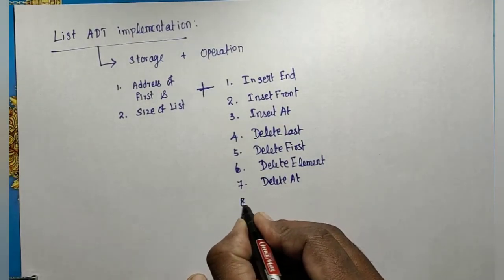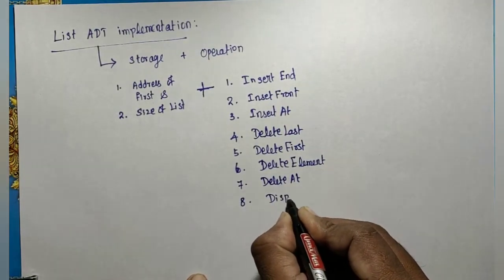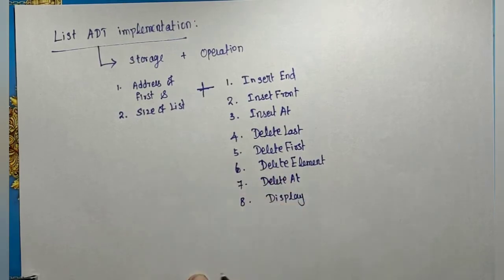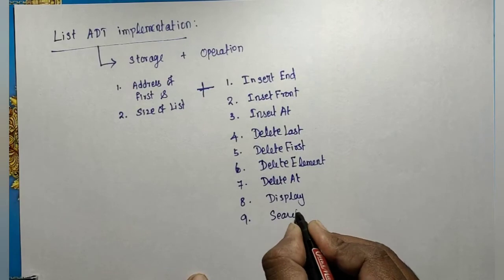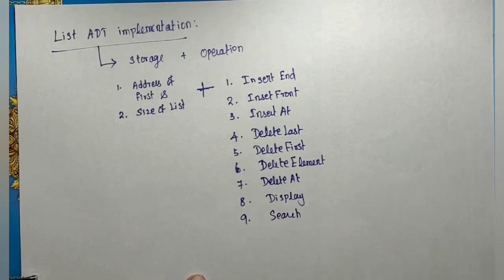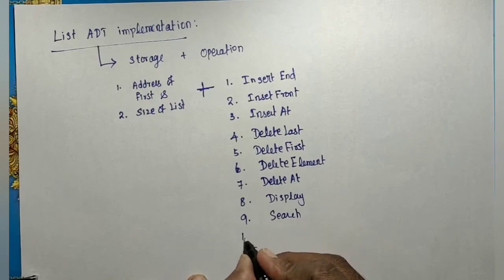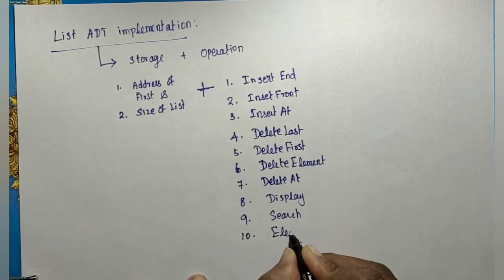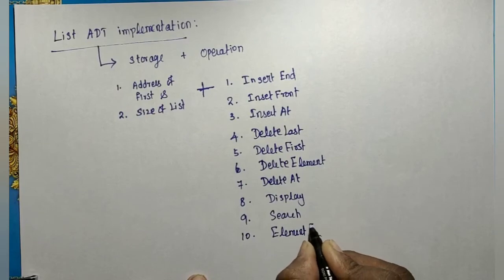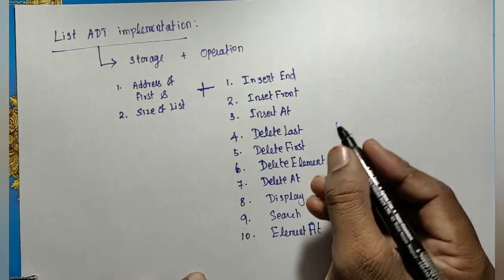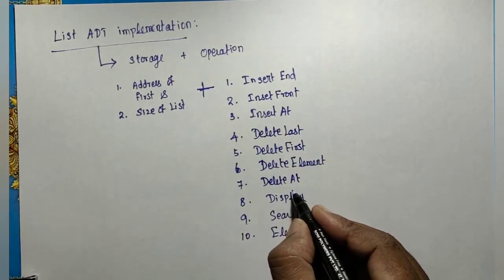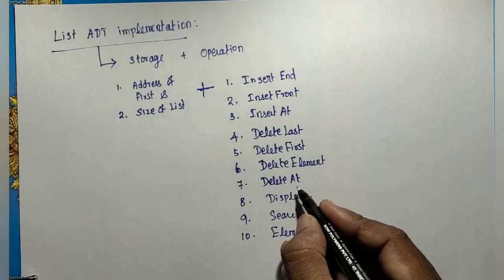In addition to that, display the content of the list, and then for searching, we can add search to check whether a particular element is present in the list or not. And then element at, if you want to know the element present at a particular position. So insert at means inserting at a particular position, and delete at means deleting a particular element at a particular position.